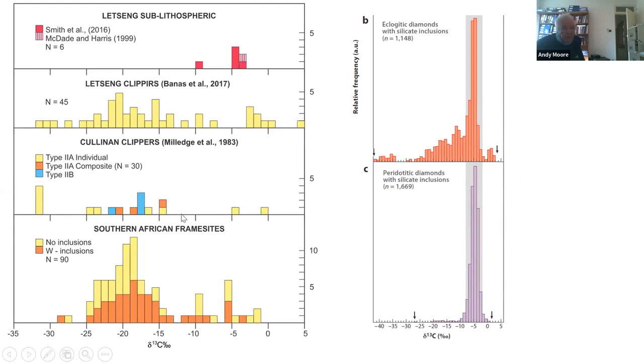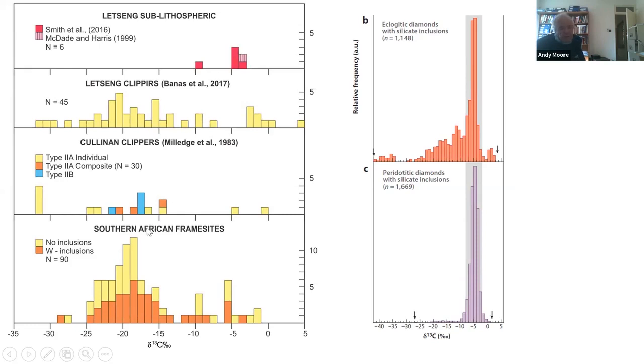And if you compare that to the clippers from Cullinan and Letseng, two important clipper producers, there are remarkable parallels. The majority at Letseng and Cullinan have light carbon isotopic signatures, but in both there's a subpopulation with heavier isotopic signatures. And just to compare them, these are the sublithospheric diamonds from Letseng.